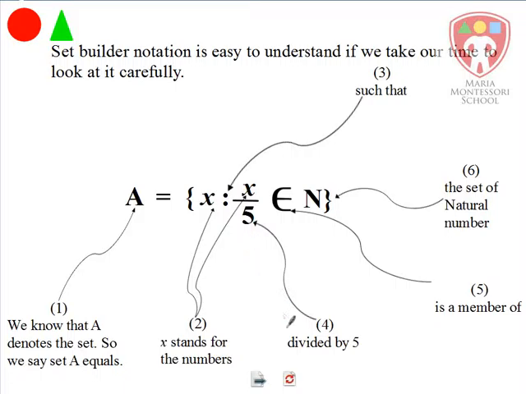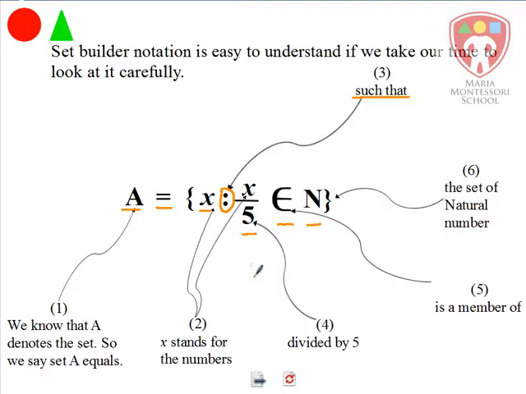The next piece of information here is this colon, and in maths we read it as such that. So far we're saying set A equals x such that, and then we come to here, x divided by 5 is an element of N, which is the set of natural numbers.